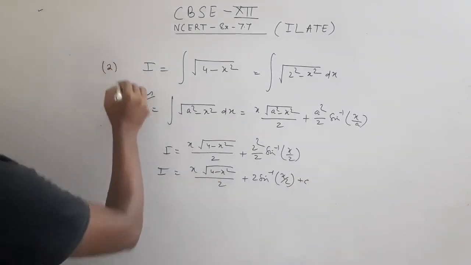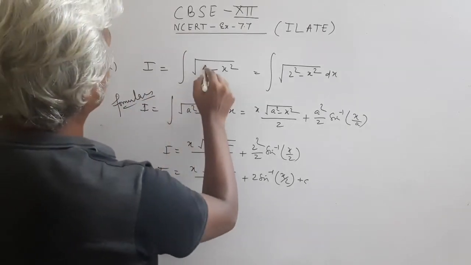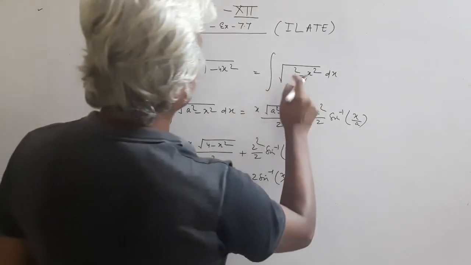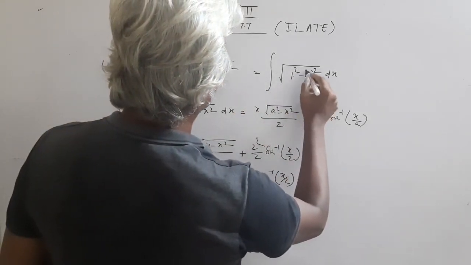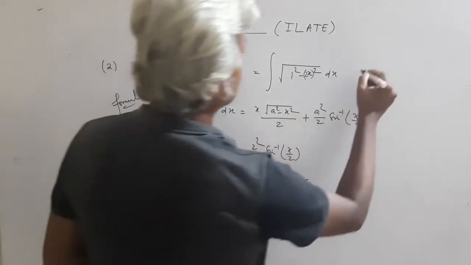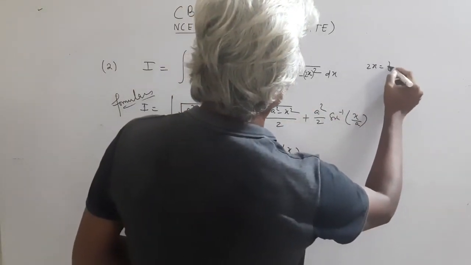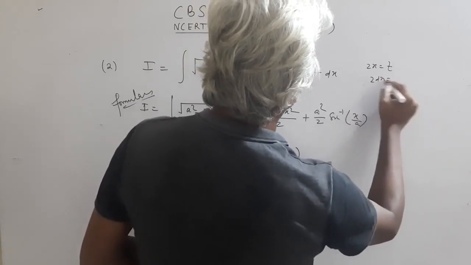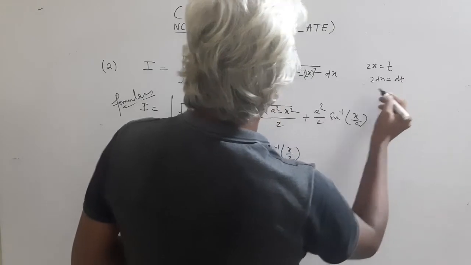Question number 2, this is 1 minus 4x square. You can write this as 1 square minus 2x whole square. So if you write 2x as t, then 2 dx is dt, so dx is dt by 2.